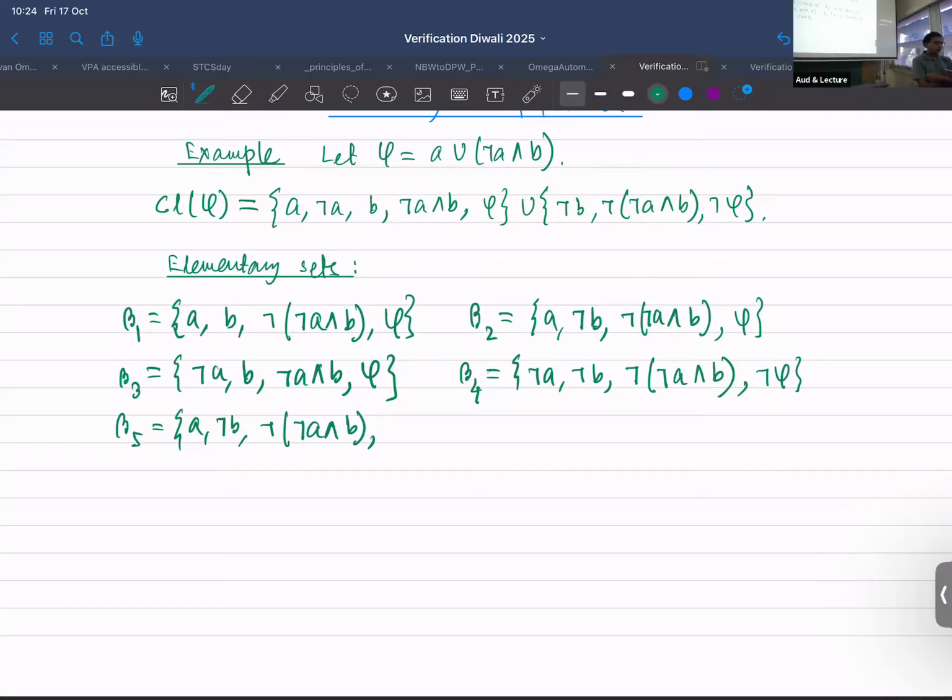So now I'm saying that suppose I write here negation of phi, what is wrong here? Why isn't it an elementary set? So the negation of phi, so this until thing doesn't hold. Yeah.